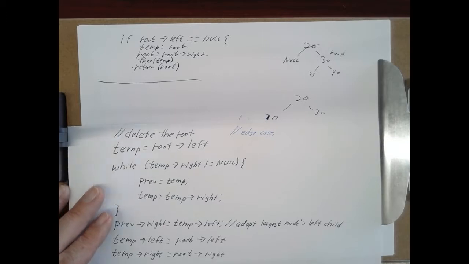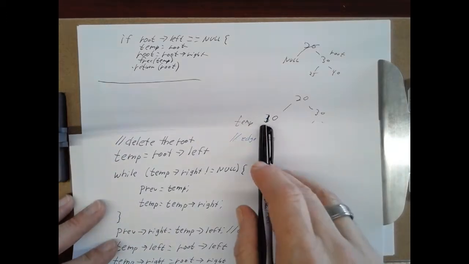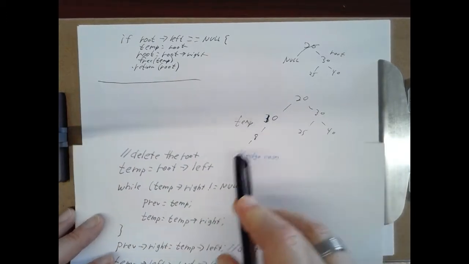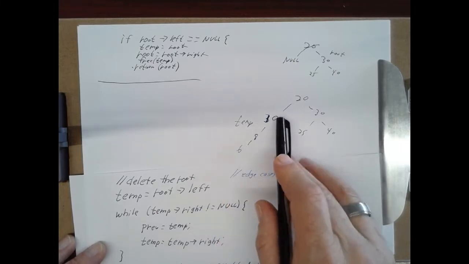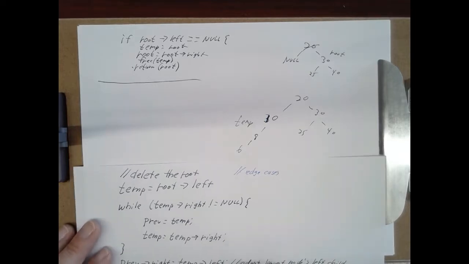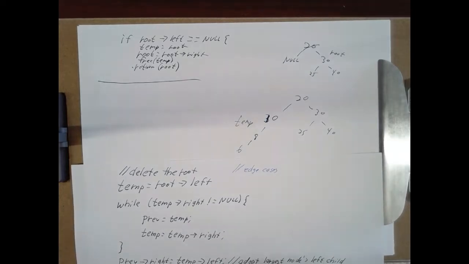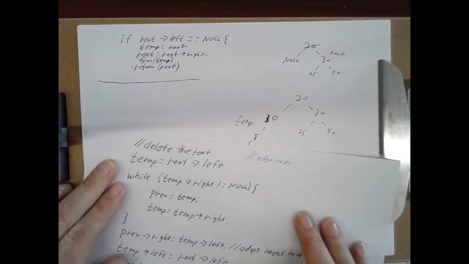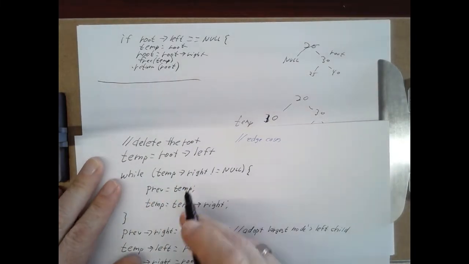Yeah, you're getting rid of the 20. Right, so we wanted the predecessor of temp to adopt all of this stuff, but the only predecessor of temp is the node that we're actually deleting. So this is actually an edge case. So change temp right to root. So yeah, temp equals root arrow left.